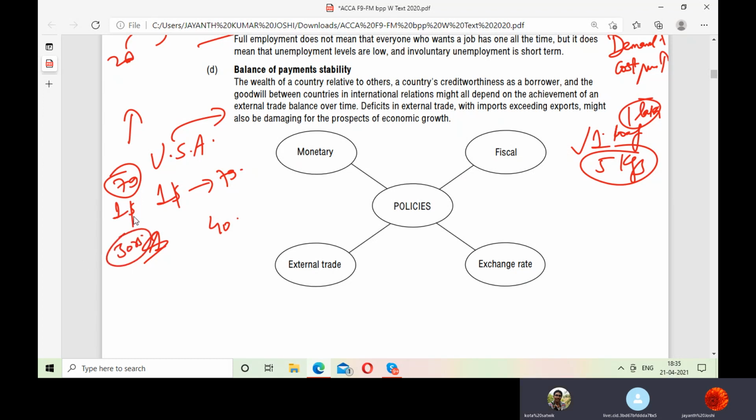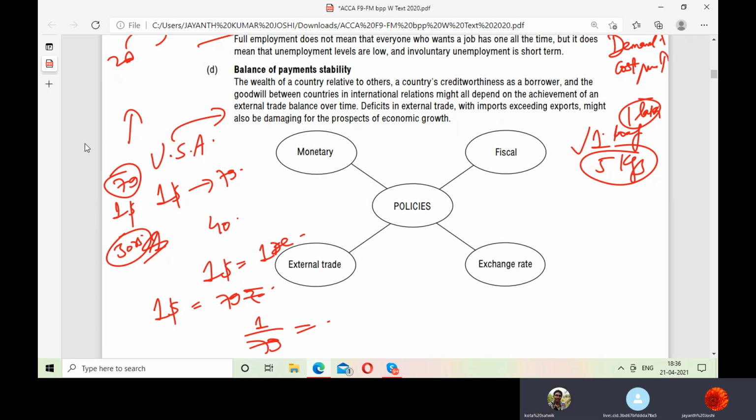So the US is more costly compared to India, because the currency value of the US is higher than the currency value of India. If $1 were 1 rupee, there would be no problem. But if you want to buy $1, you have to shell out 79 rupees. And what do United States people have to pay for 1 rupee? 1 by 79. How much is that? Tell me what is 1 by 79.